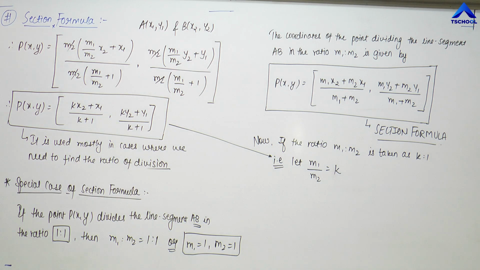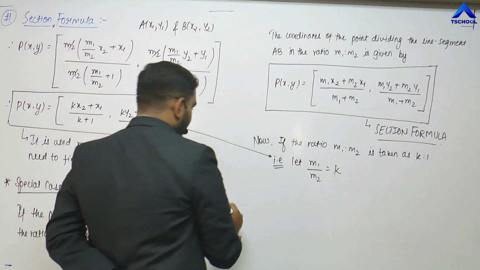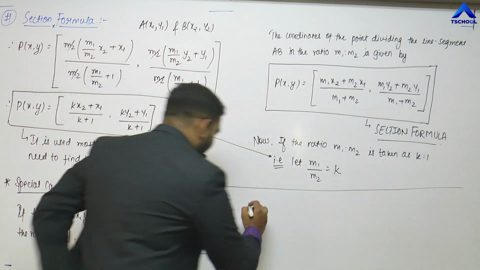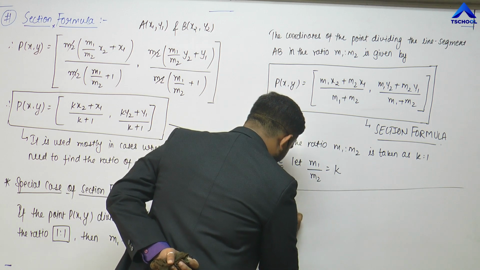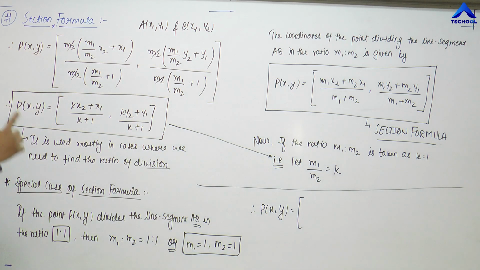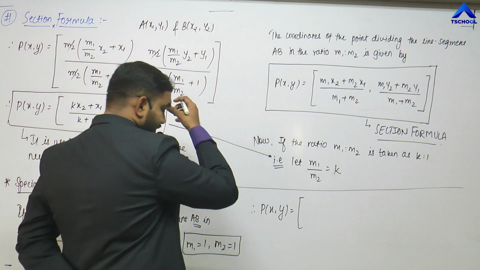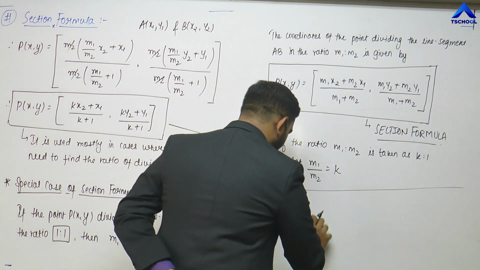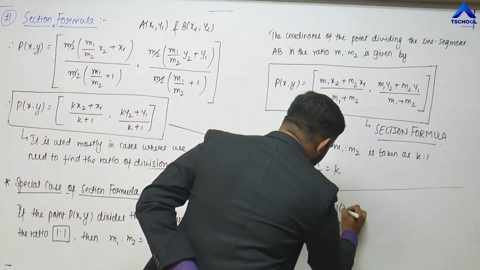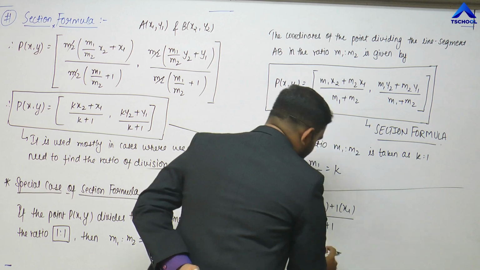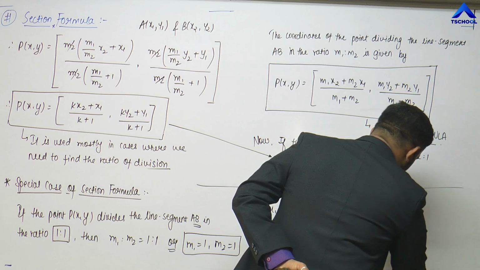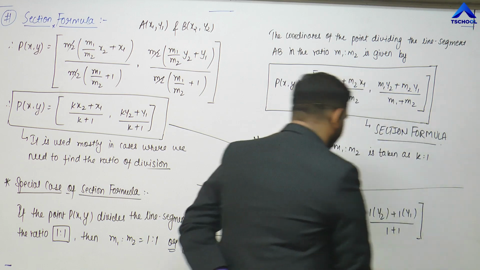Then this section formula will now be, therefore P(x, y) equals, replace m1 and m2 by 1 there in the section formula. So that will become (1 into x2 + 1 into x1)/(1 + 1), (1 into y2 + 1 into y1)/(1 + 1), right?